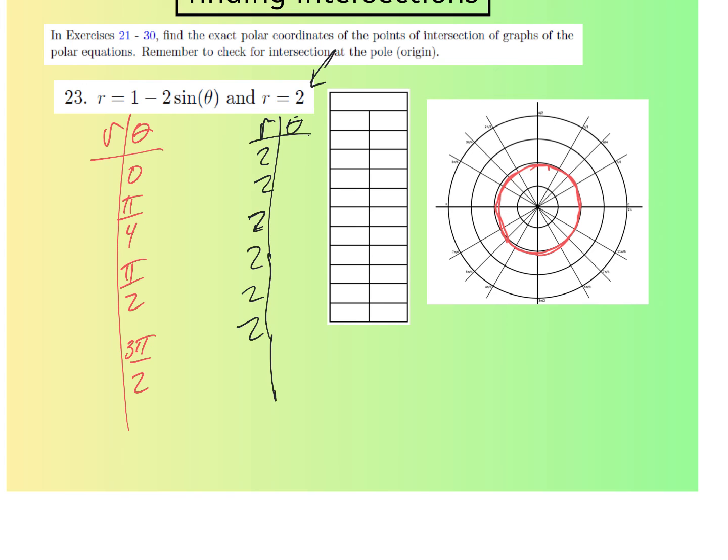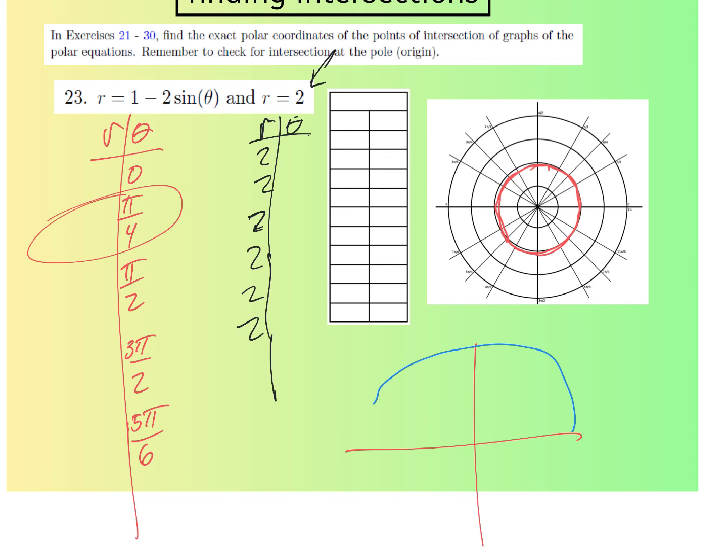Now, if you have a whole bunch of people in the room like this, I can ask, has anybody found one where the r ends up being 2? What did you get? She thinks 5 pi over 6 worked. I'm going to verify. 5 pi over 6. So I'm drawing a picture. Here's where 5 pi over 6 is. And it's a 30, 60, 90, 1, 2, square root of 3.